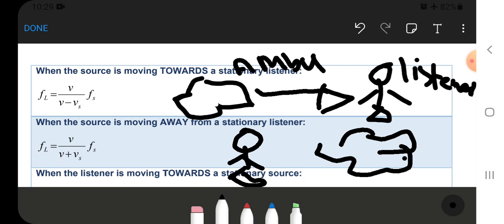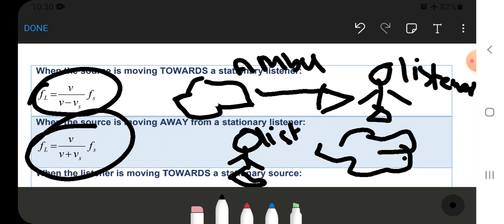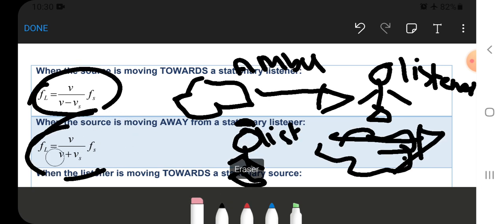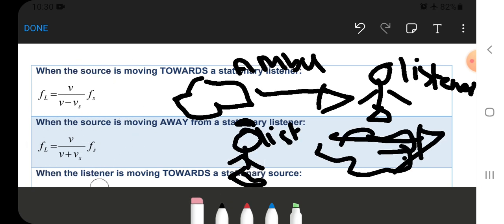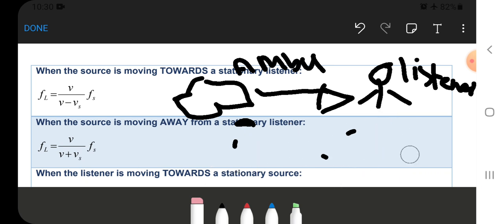The listener is still standing still, but when the ambulance has not yet passed the stationary listener, we use this one. When the ambulance has just passed and is going away from the stationary listener, we use this one. So here is the stationary listener, the ambulance is going in this direction, it has passed the stationary listener, we use this one. Don't forget that, it's very important.